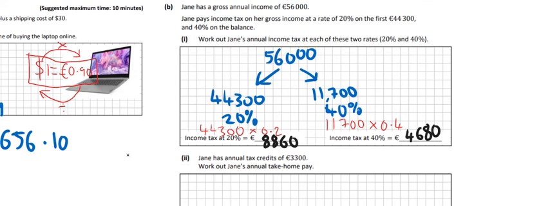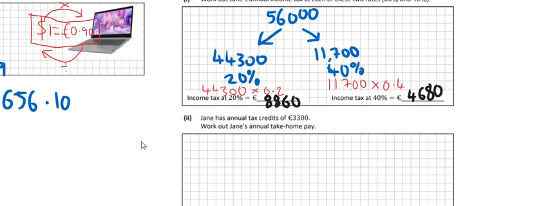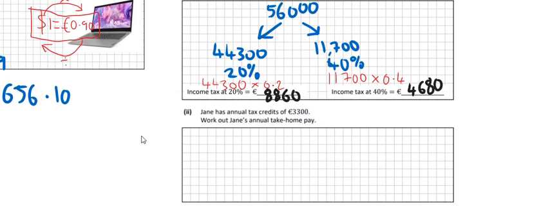Final answer there. The next part then, Jane has annual tax credits of 3,300. So what we do with tax credits is we take it away from the total tax.